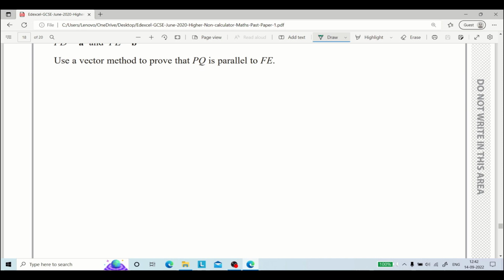So here in triangle DEF, vector DE is basically FE minus FD. Yeah, law of vector addition for triangles. That is equal to B minus A. Yeah, we are given the values of FE and FD.